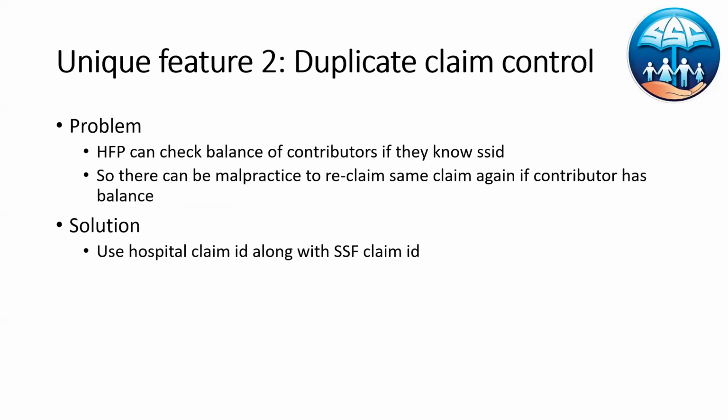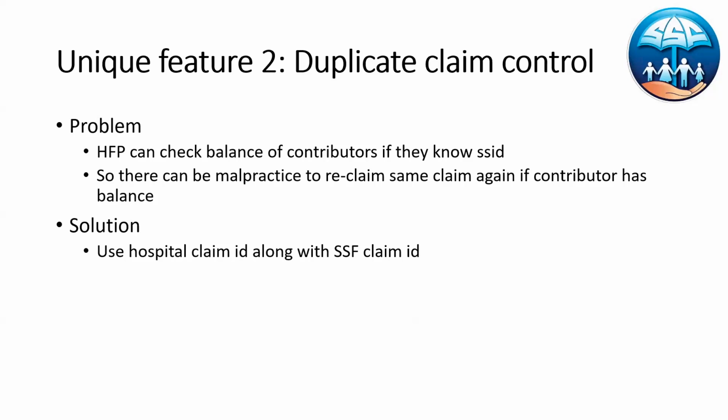And if the hospital claim ID is repeated, or if they have repushed the old claim, then it is termed a duplicate claim. So we were able to filter out duplicate claims in this way. But this feature is only applicable for hospitals who have been using their own legacy application, and we have integrated our system with hospitals through FHIR, as HIB has been using.